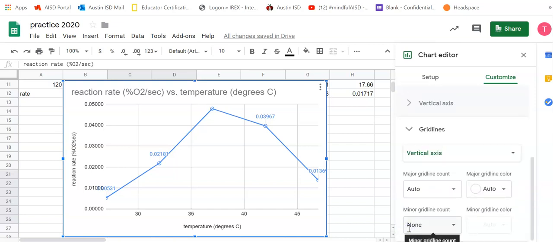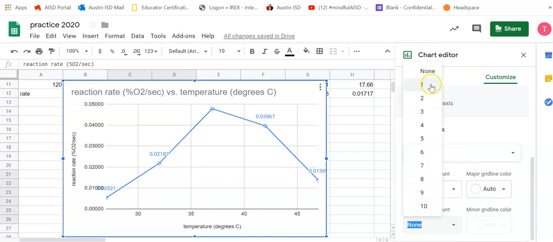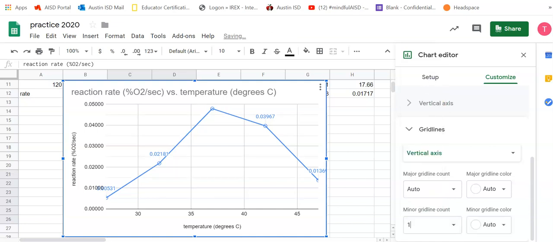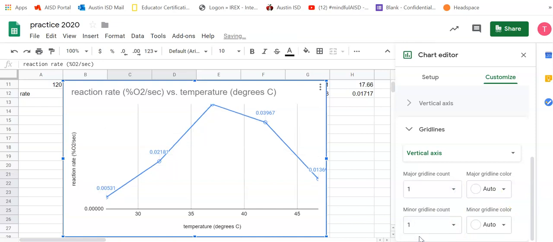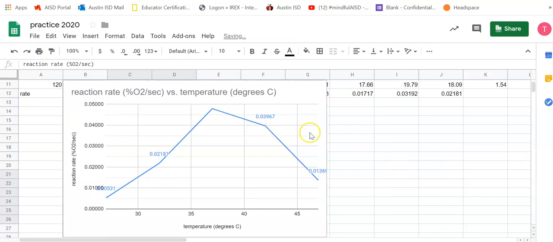Numbers, grid lines, will that help me? What's that do? Will it give me more value? Nope. So this is giving me the graph that I want.